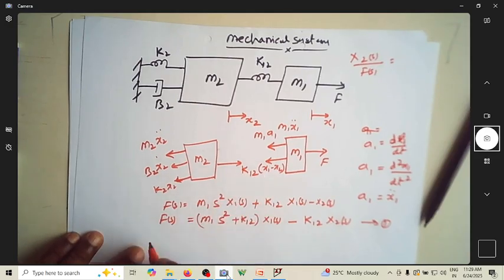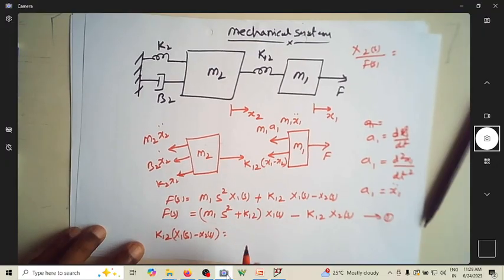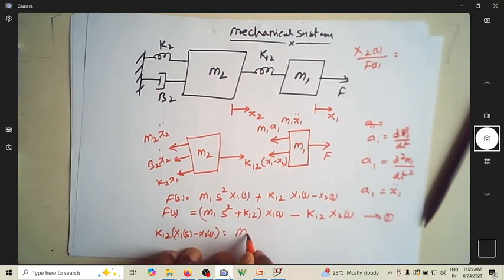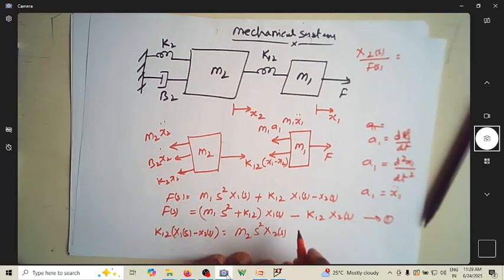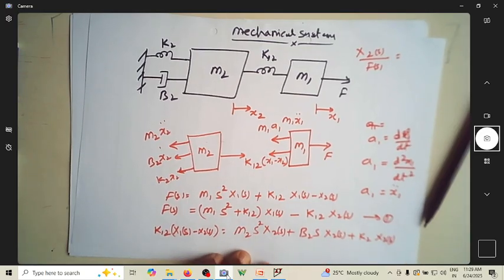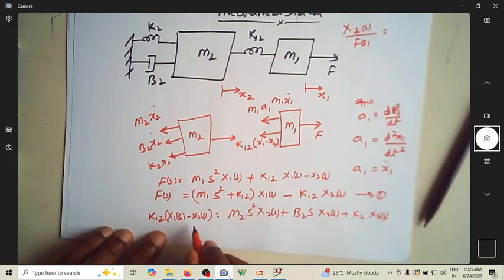With respect to equation number 2, it is k12 times x1 of s minus x2 of s equal to m2 s square x2 of s plus b2 s x2 of s plus k2 x2 of s. I can bring all the x2 of s terms onto one side.